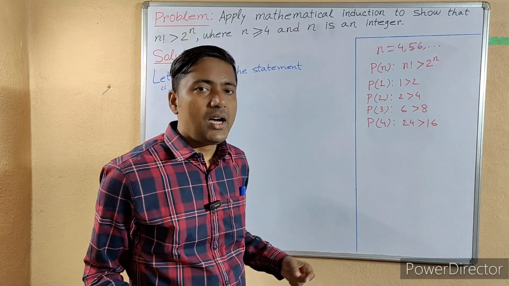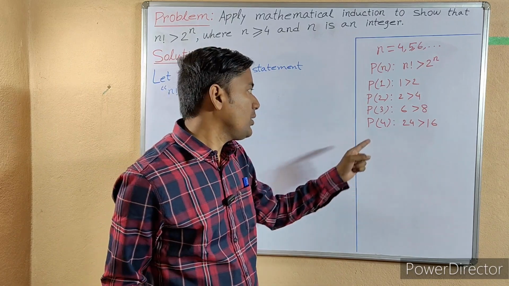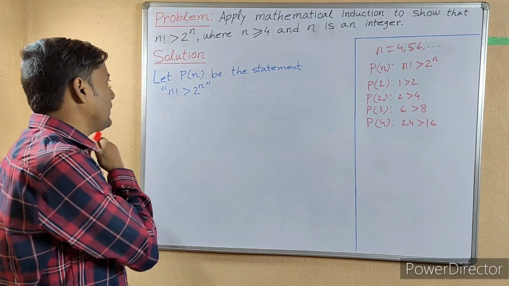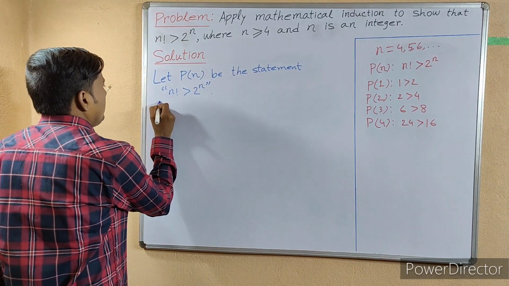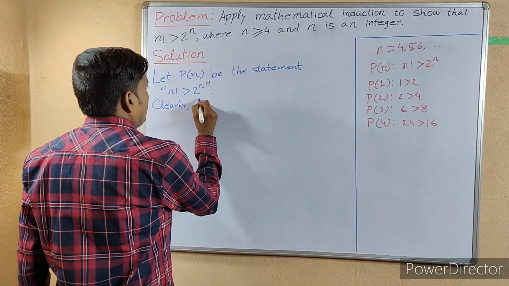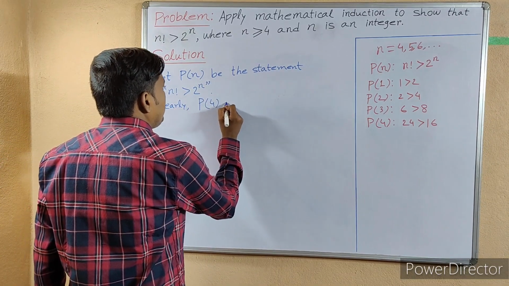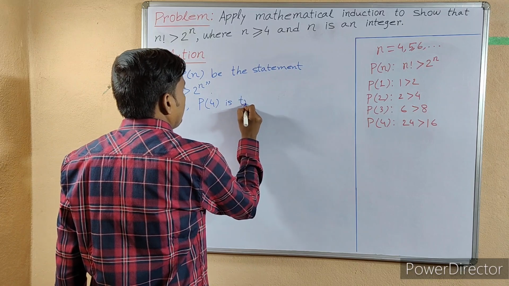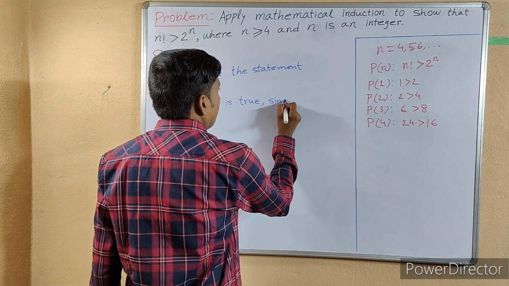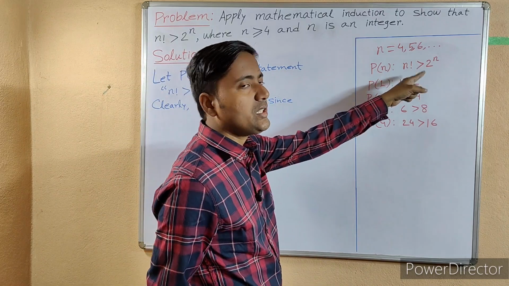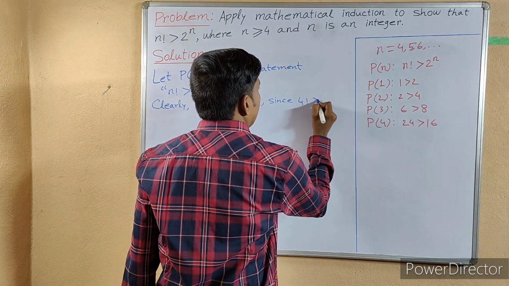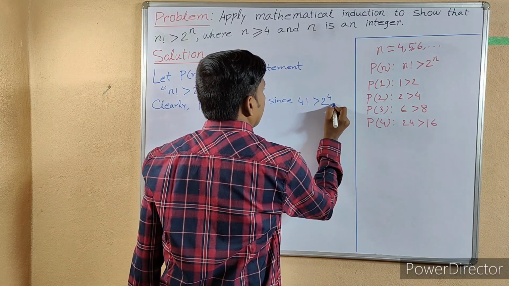P1, P2, P3 are not true, but P4 is true. Clearly, P4 is true since factorial 4 greater than 2 to the power 4.